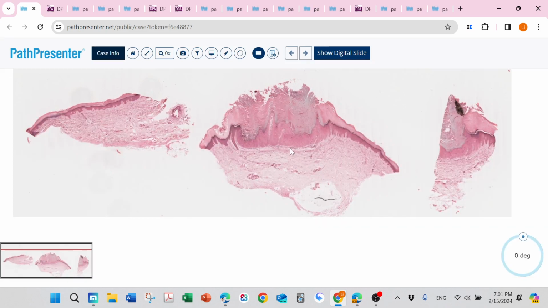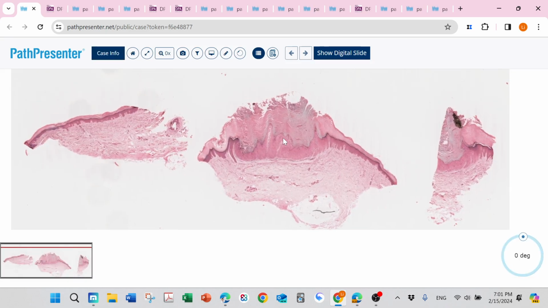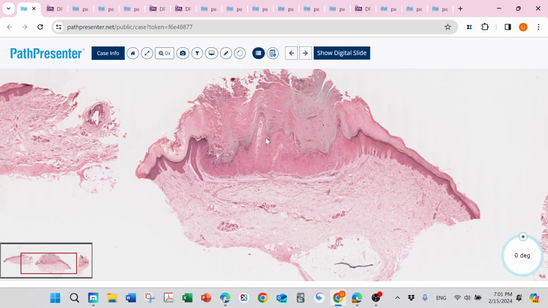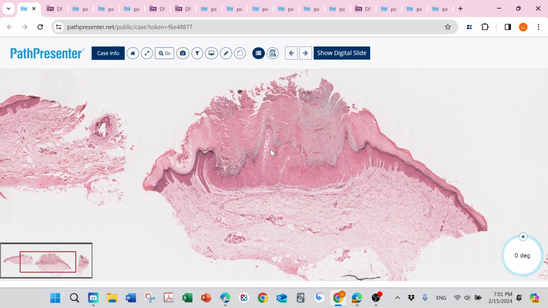Let's see one more case. In this case, at low power, you may also think of really hyperkeratosis, parakeratosis, almost looking like a flag sign. So maybe just highly suspicious for AK, actinic keratosis, or even hypertrophic AK.